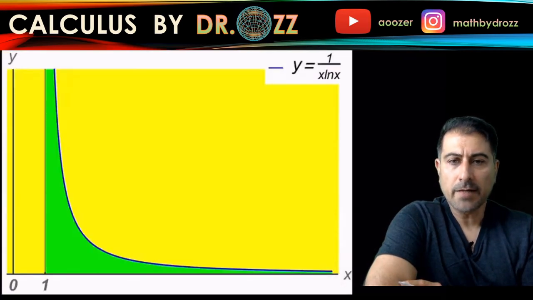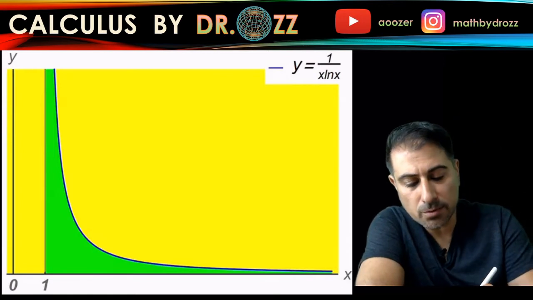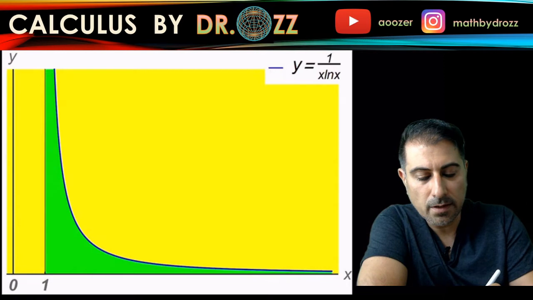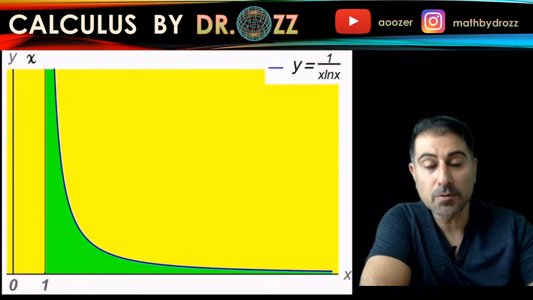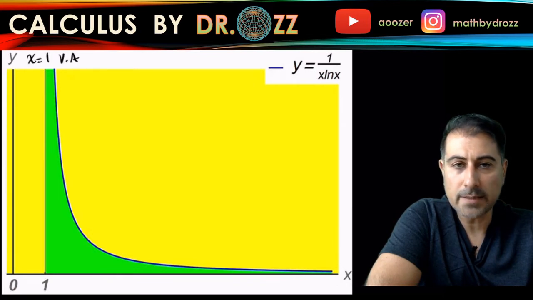So here we go. The blue curve represents the graph of 1 over x ln x. As I said, 1 is a problem point. In fact, x equals 1 is a vertical asymptote. We had gone through this in Calc 1.